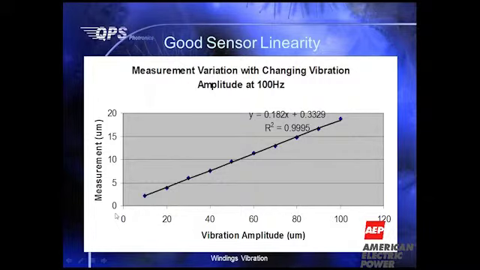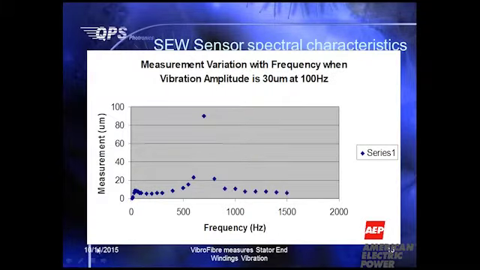So another thing that you must make certain of is that the sensor is linear. And in here, we are using a shaker to characterize it. The shaker gives a very pure frequency signal.